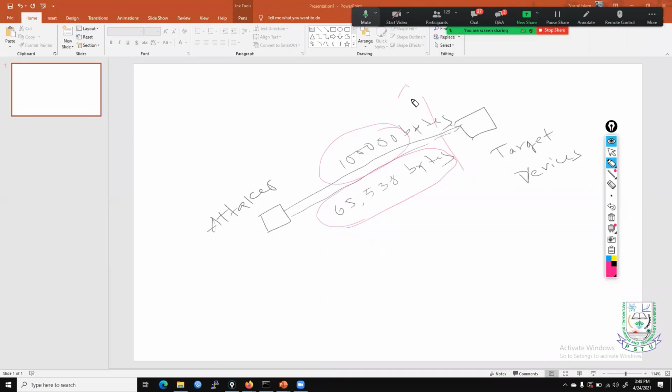The target machine will crash, because the normal behavior is that it can accept up to 65,538 bytes maximum size of an IP packet, right? But when it gets a request more than that, it cannot handle the packet, and the normal behavior of the server is hampered, right?